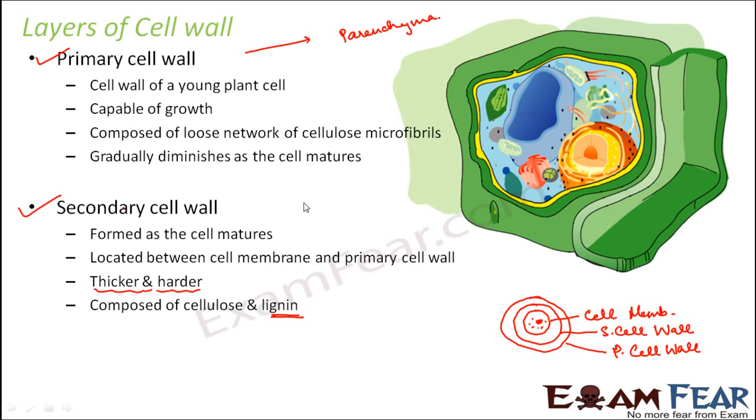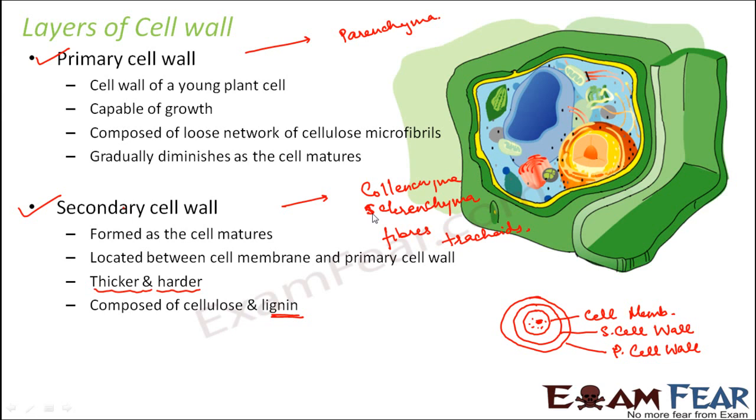Whereas if you look at the structures of collenchyma, sclerenchyma, fibers or tracheids, these were tissues, and the tissues were made up of cells. So what do you see when you look at their structure? We have already studied their structures, right?